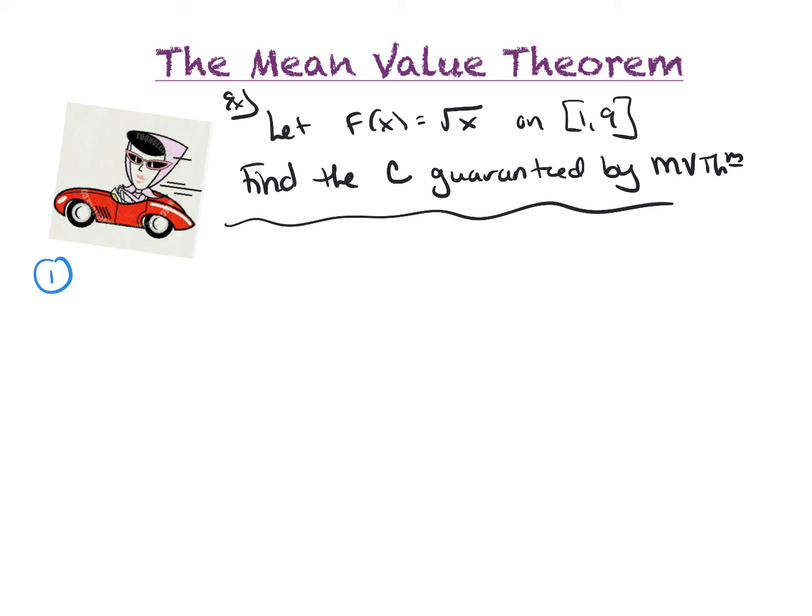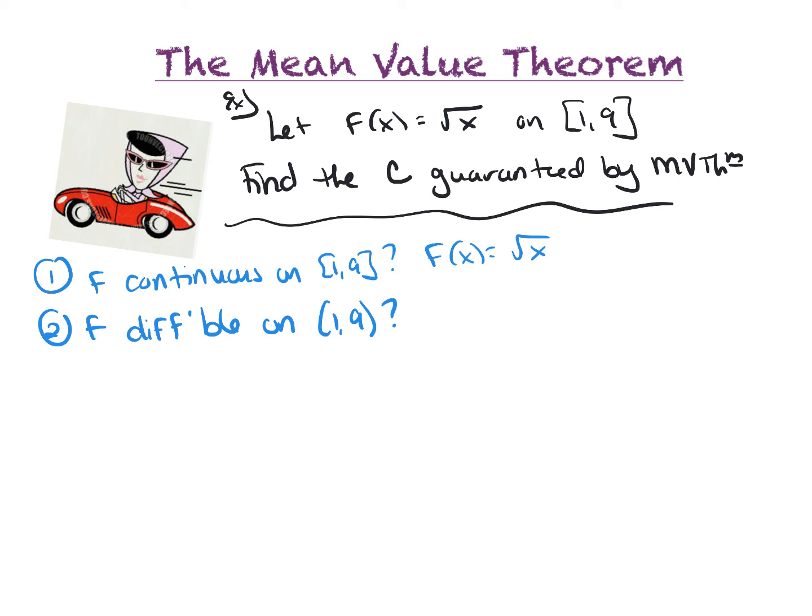So we need to check and first see if f is continuous. Now, since f of x is equal to the square root of x, that has no skips or jumps in it, that is definitely continuous on the interval 1 to 9. The second thing we need to look for is if f is differentiable on 1 to 9.